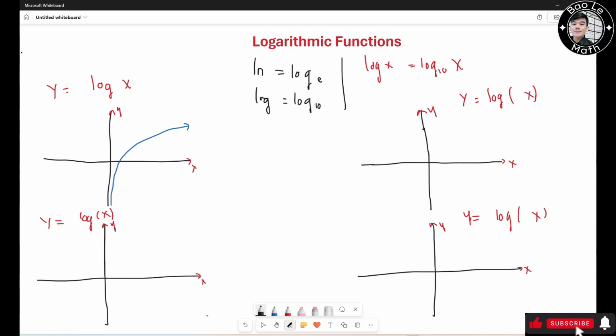Now let's recall the transformation of the function. It's going to be a times f of b of s minus h plus k, right? If you multiply the input by -1, the function reflects over the y-axis, right? So this guy right here turns out to be like this.